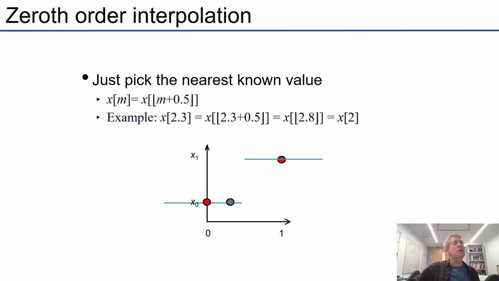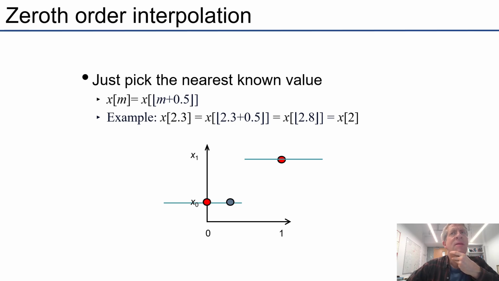So supposing this value in between was slightly closer to x0, then you assume that the value is y0, and you let it play constantly, and then it jumps to the next value.